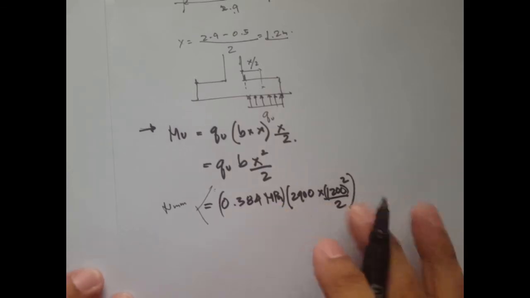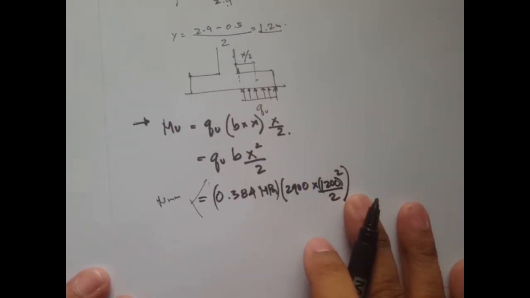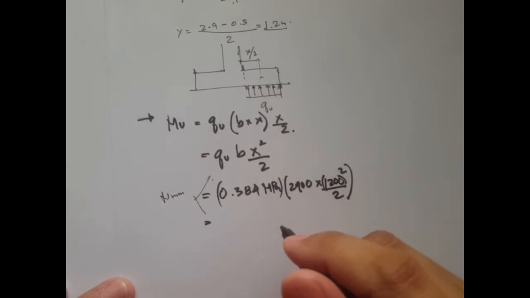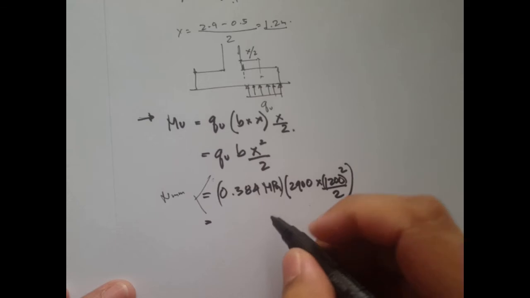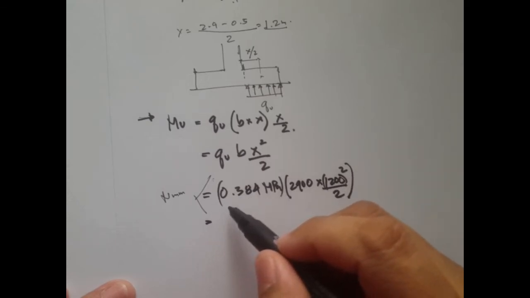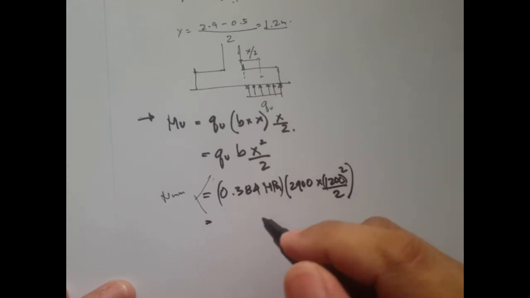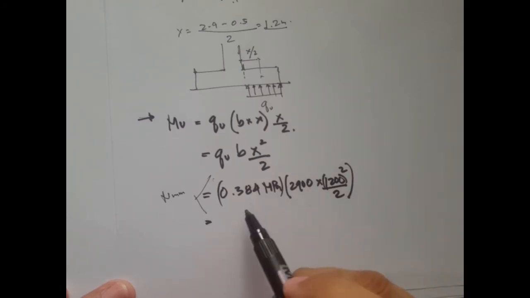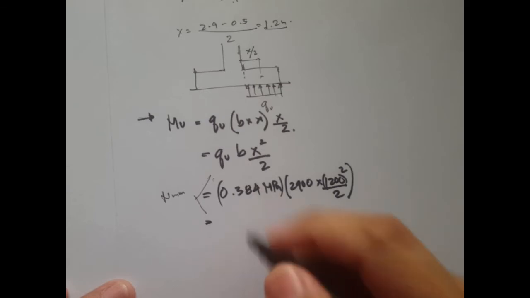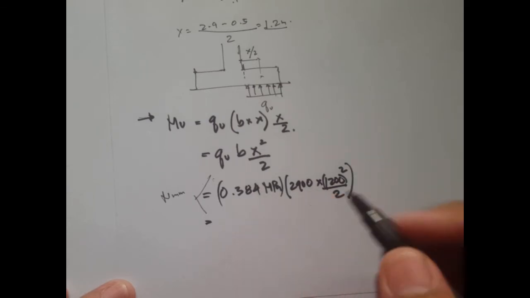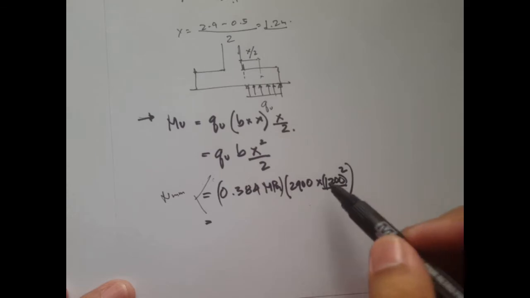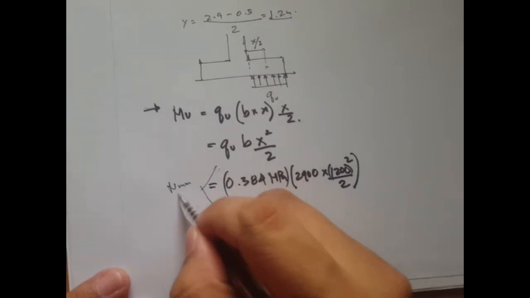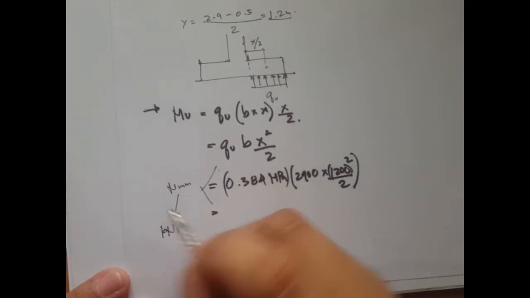But typically when we're solving for moments, it's usually expressed in terms of kilonewton meter. So just like what we did in the calculations for singly reinforced beams, we can just divide this by 1 times 10 to the 6 to convert Newton millimeter to kilonewton meter.